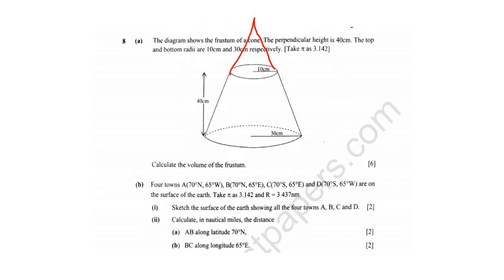So we need to know the height of the small cone, which we don't know. How are we going to solve for the height of the small cone? You're going to use small over big.